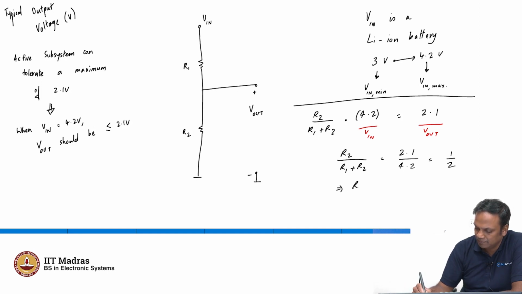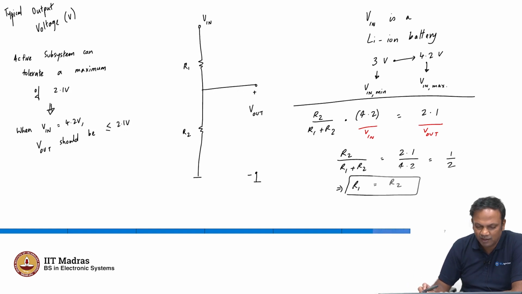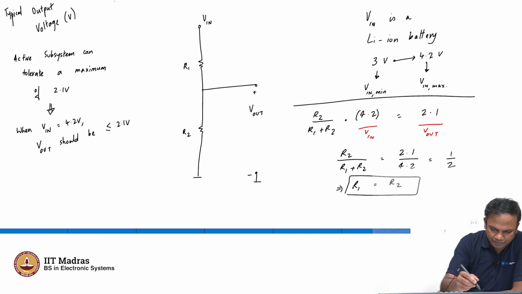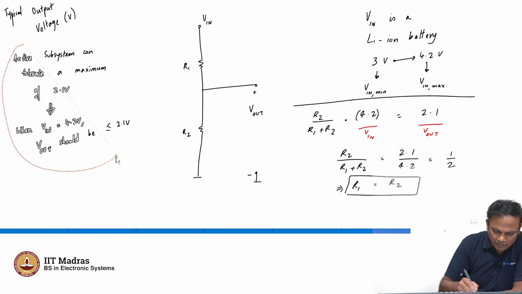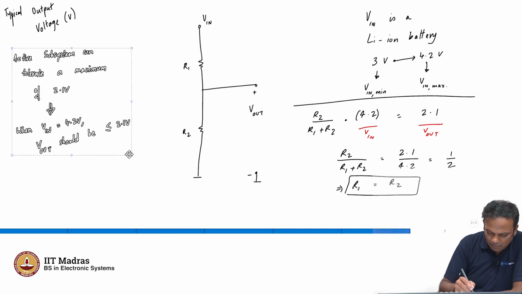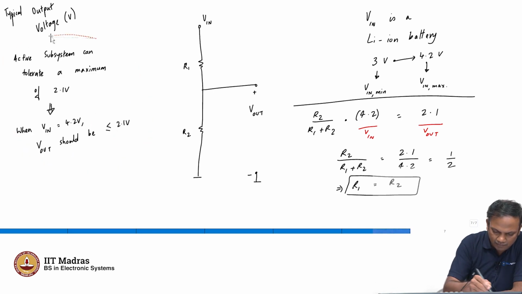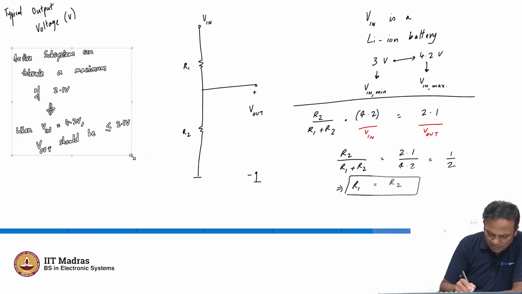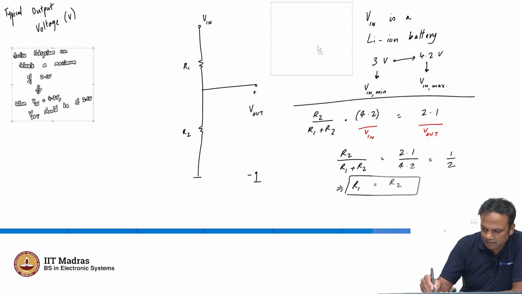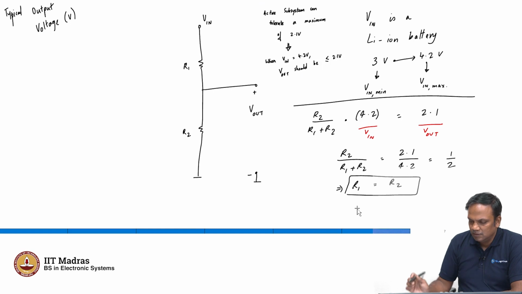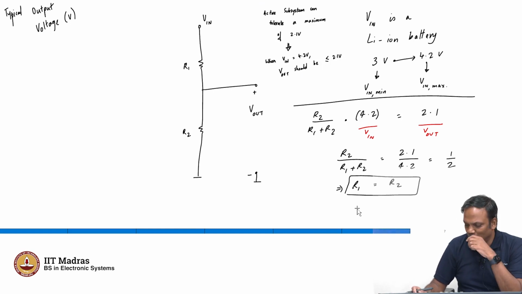So, R1 equals R2. Now, what should R1 and R2 be?